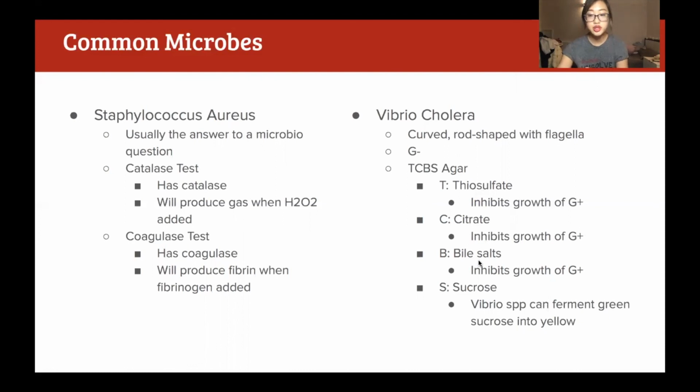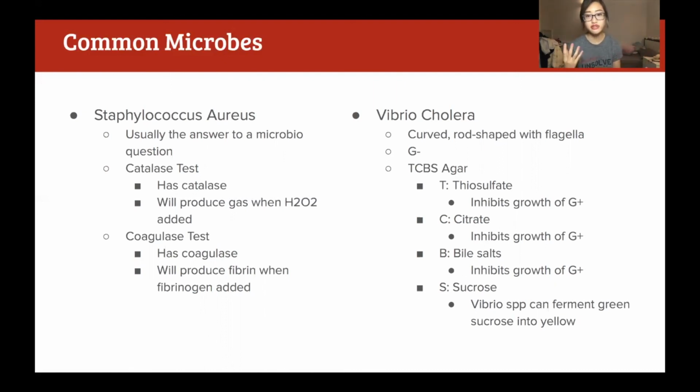If you put them with a gram-positive bacteria, you would get nothing because they inhibit the growth of a gram-positive bacteria. But if you put them with a gram-negative bacteria, just like Vibrio cholera, you would get little colonies forming on your agar plate. So that's good.